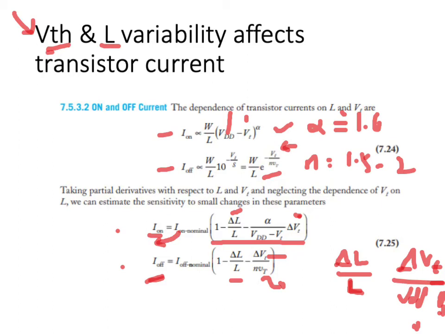So we're seeing a factor of almost 100% here. So the off current is where we expect the greatest changes in variability due to variability in threshold voltage. So the variability in threshold voltage is really a serious problem in low energy integrated circuits.